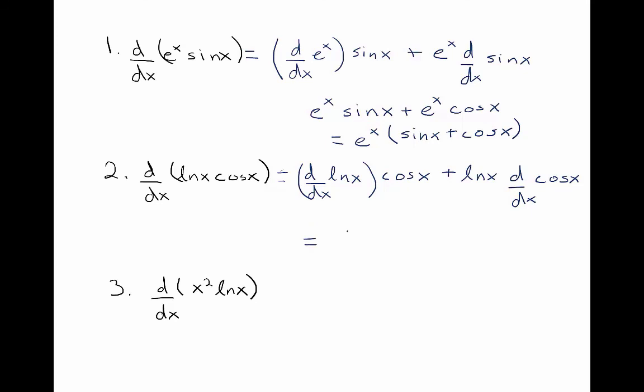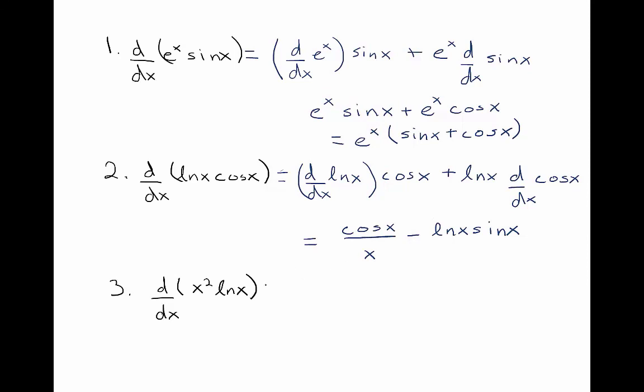So we get cosine of x divided by x minus log x times sine x. So I'm kind of skipping a few steps here. Let me know if it bothers you if I do that, and I will cut back on doing that next time.